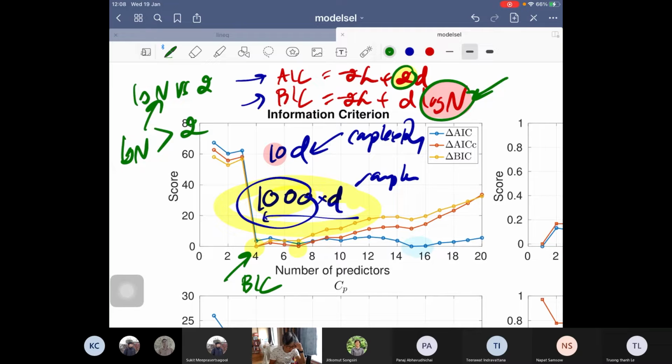It shows 4 predictors. It prefers to pick a simpler model because BIC is more conservative on the side of model complexity. AIC on the other hand picks a more complex one.